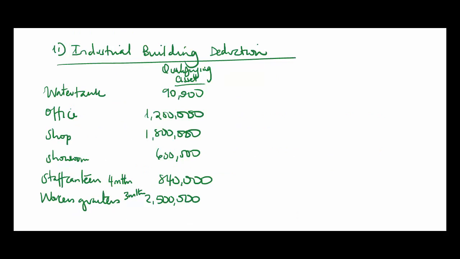Now, for any part that is considered to be commercial building, we use 25%. So 25% will apply for the office, for the shop, and for the showroom. All others will be at 10%.